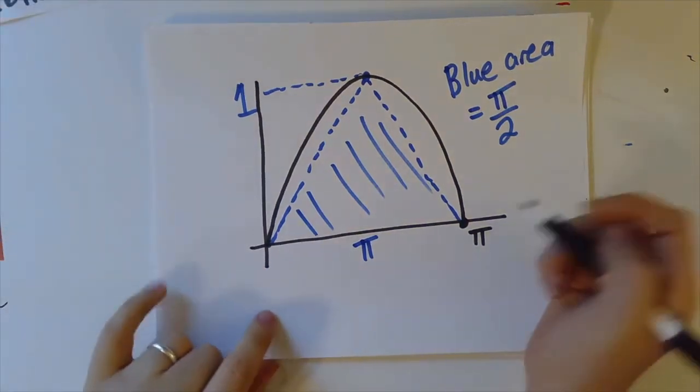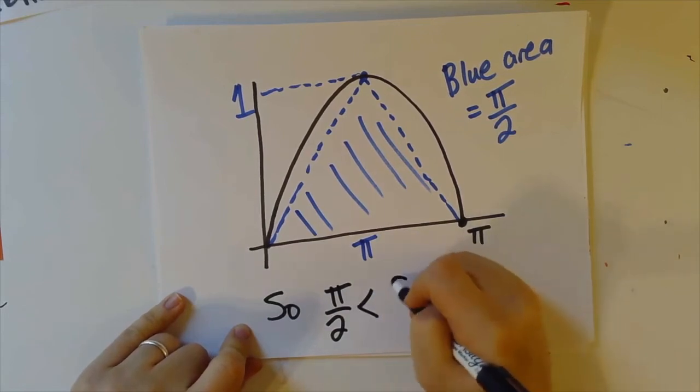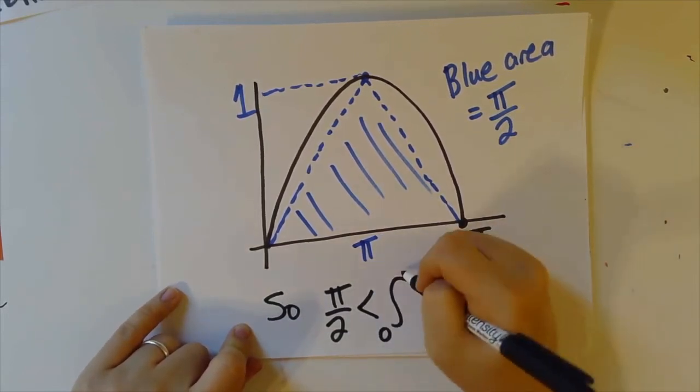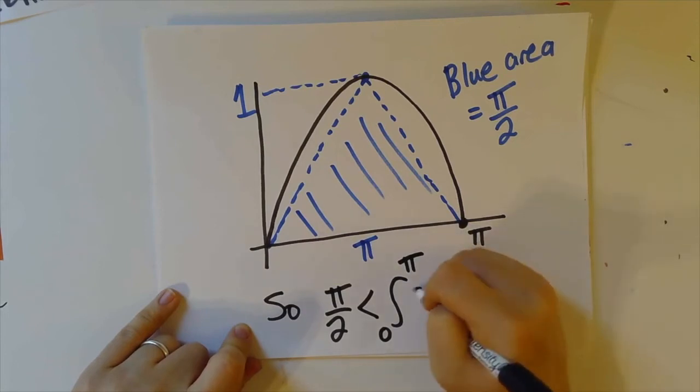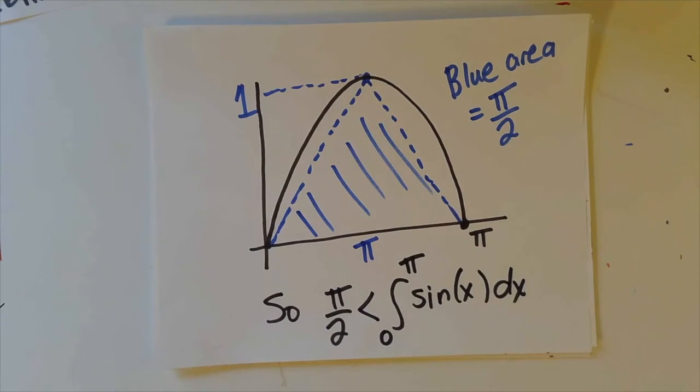So we've shown that the integral's value is somewhere north of pi over 2, which is about 1.5. So we've got the value of this integral narrowed down to between 1.5 or so and 3 or so, from just eyeballing it and thinking about areas we know.